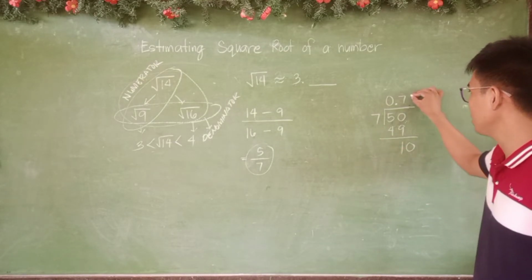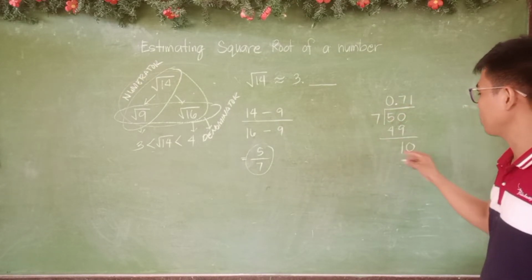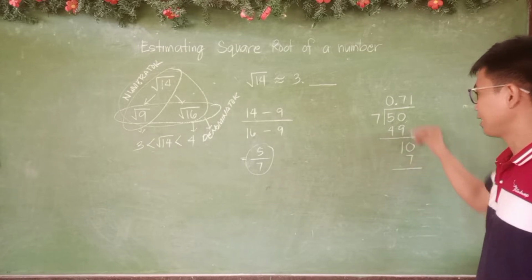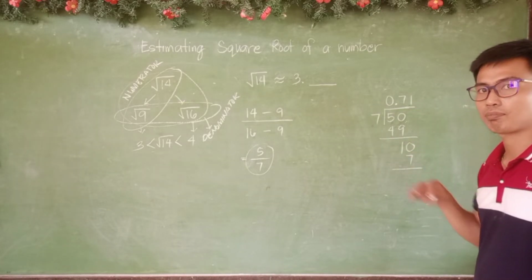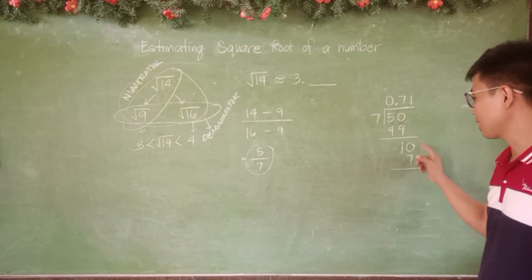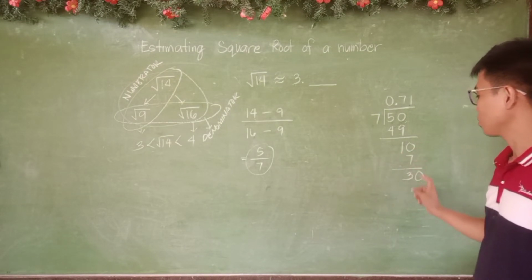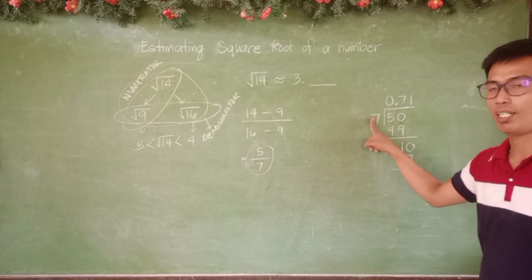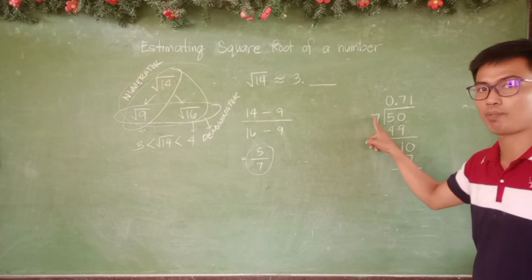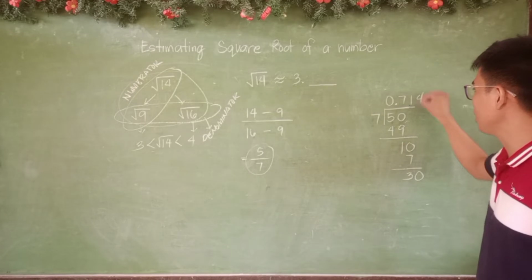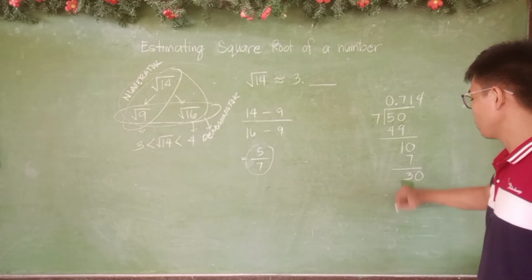There is 1. Multiply 1 times 7, that is 7. Then subtract, 10 minus 7 is 3, then add 0. So 30 divided by 7, or how many 7s are there in 30? There are 4, that is 28.